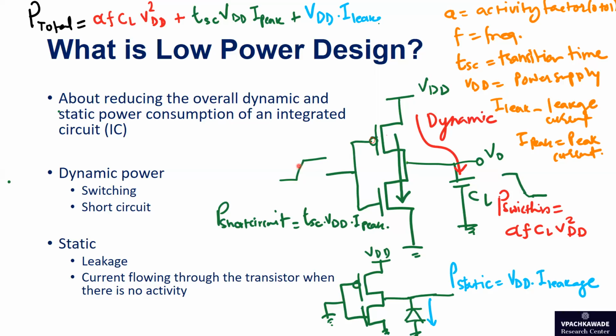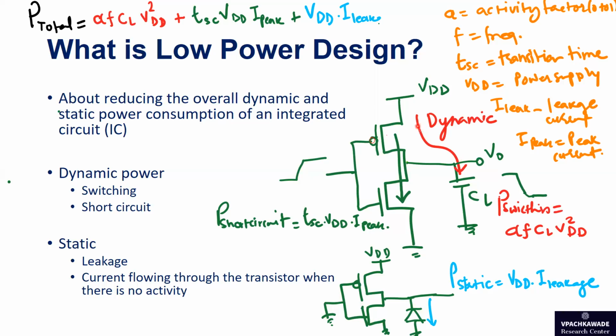When you have a logic 0, PMOS is on and NMOS is off. So the output is connected to the VDD, and there is a current flowing from the power supply to the capacitor, making it charge.